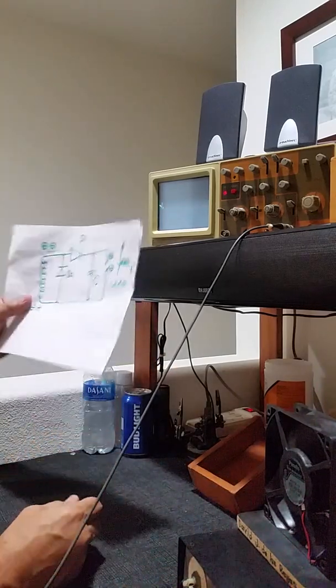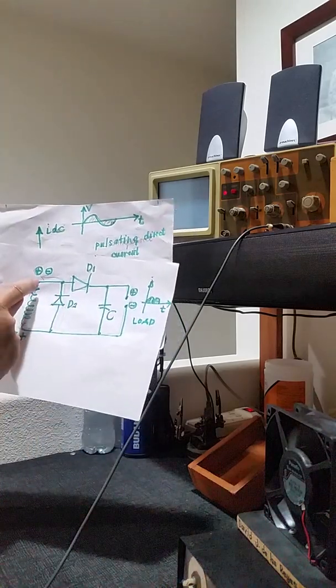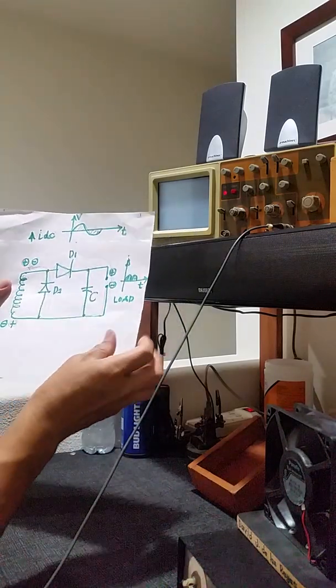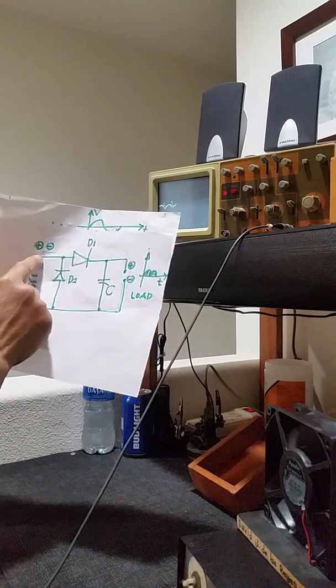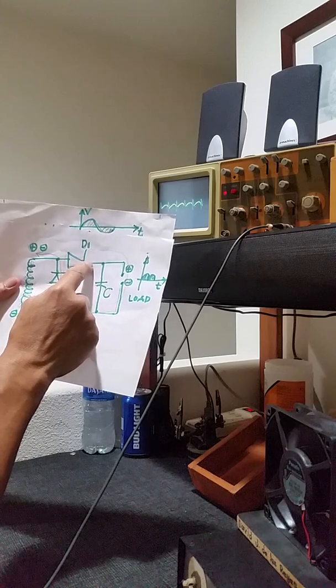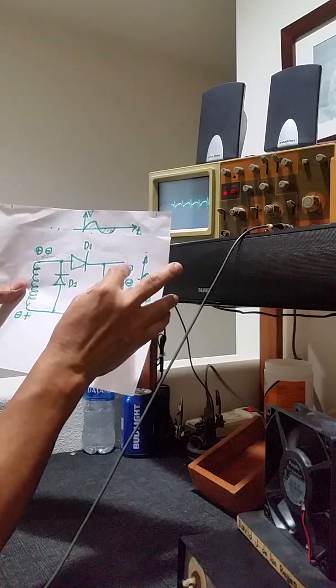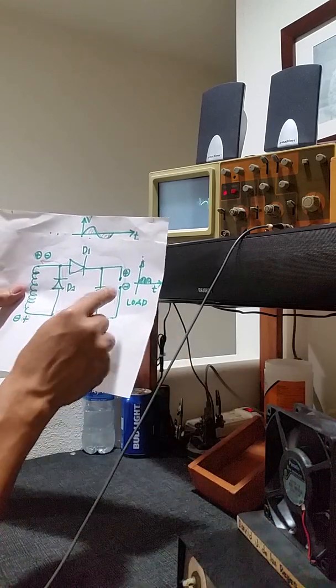It's like this. For the positive alternation, when this terminal is plus, the flow of the current will be from this point here. It goes to diode number 1, it goes to the plus terminal of the load. Our load here is the motor.